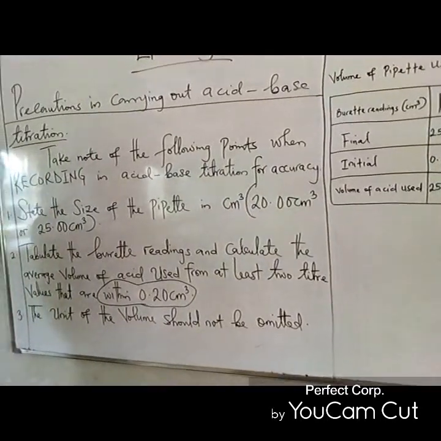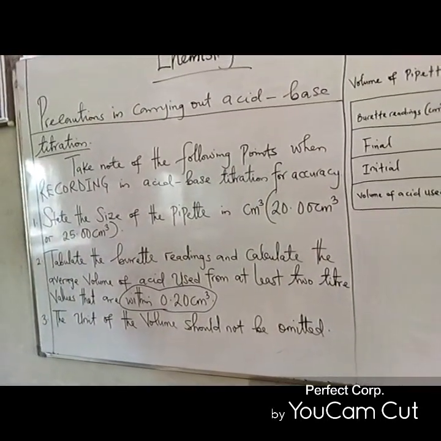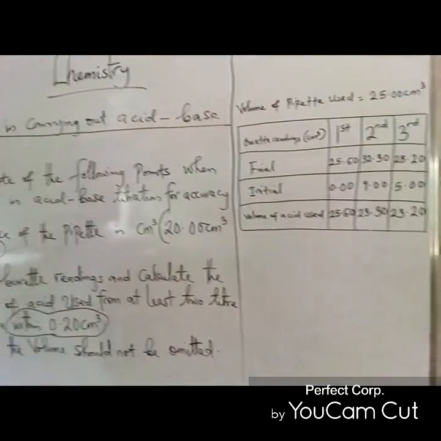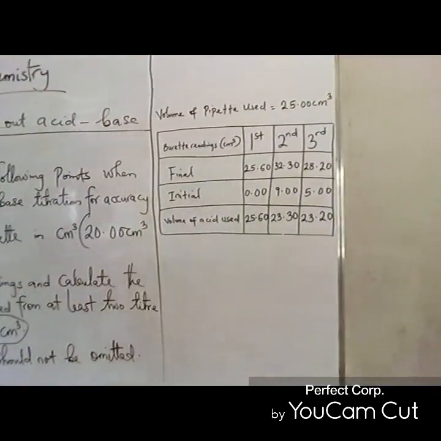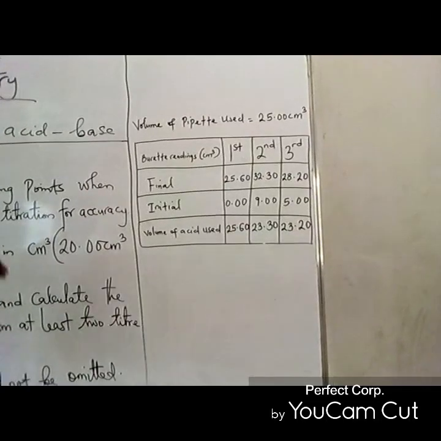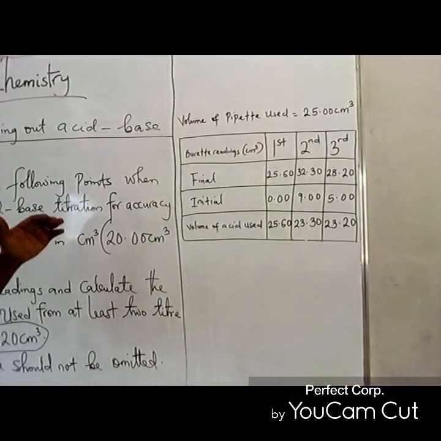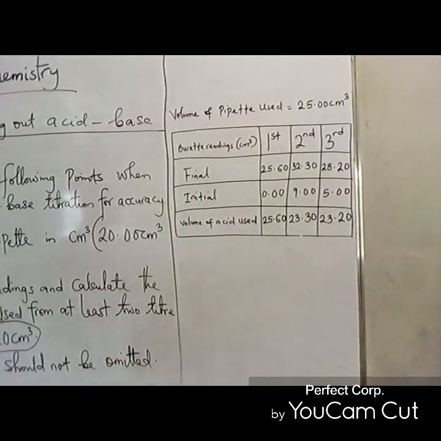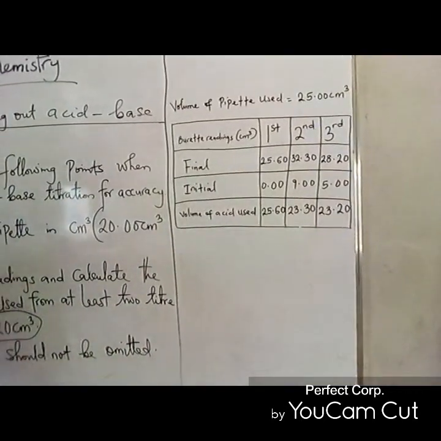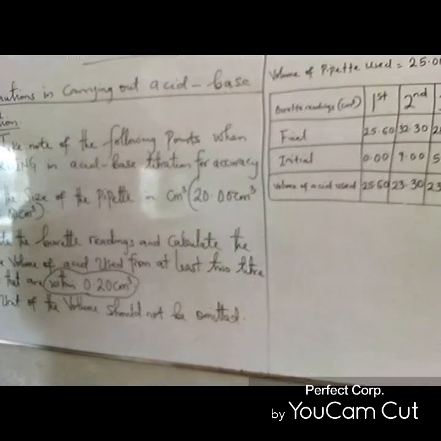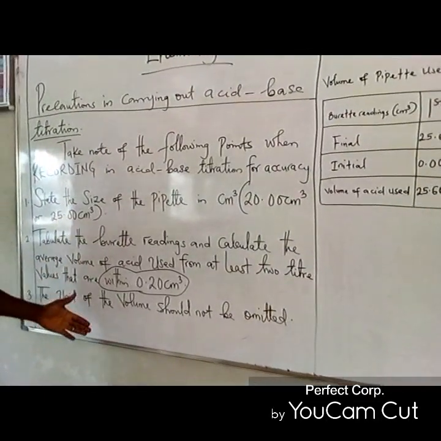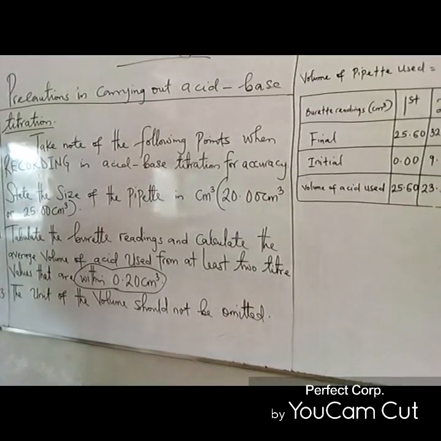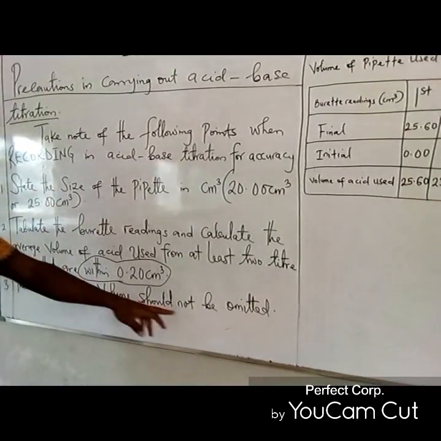When we start our acid-base titration practical, we are going to follow these precautions. I believe when I do the video on the acid-base titration practical, you are going to understand what I've been explaining here. But please take note, the unit of the volume should not be omitted.